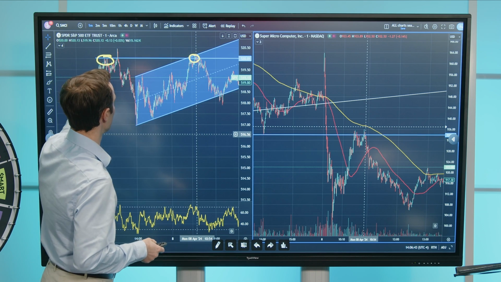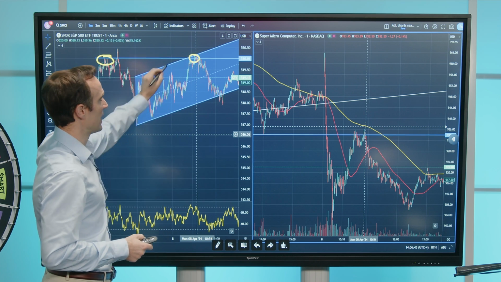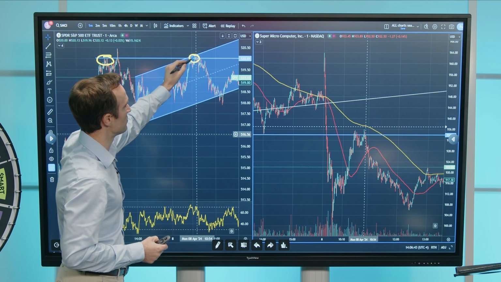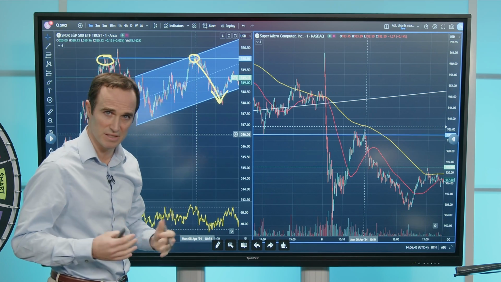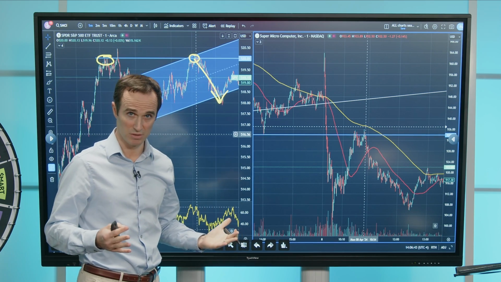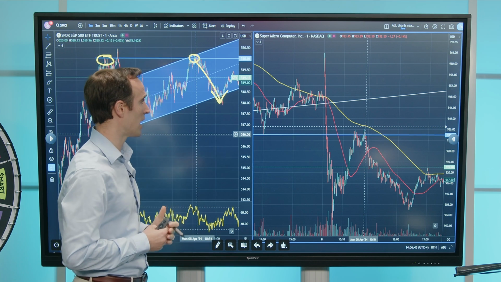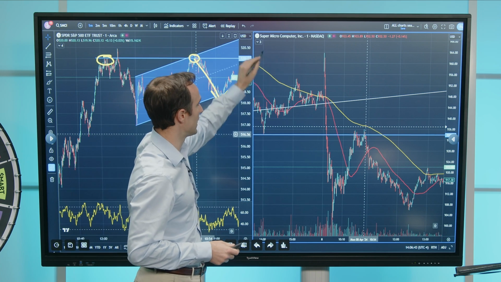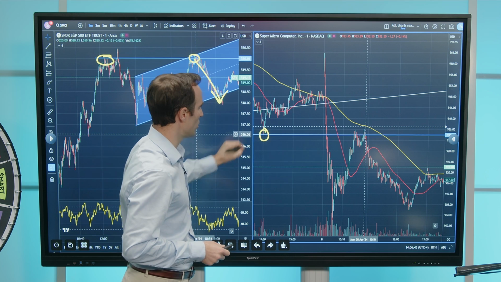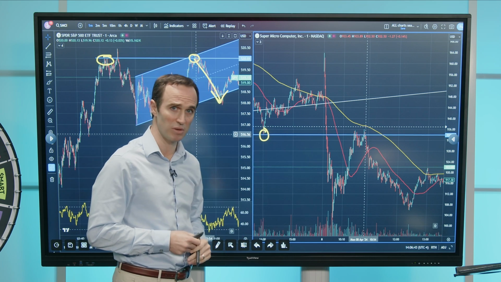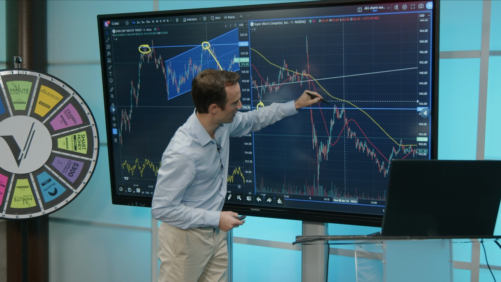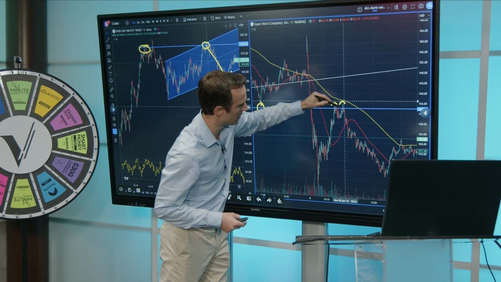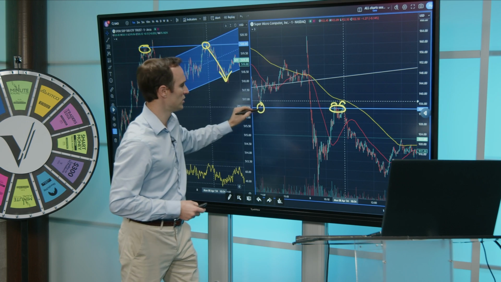You can see here that this was resistance on the S&P, and the S&P then started to fall. When the S&P is at resistance, I'm looking for shorts. I'm looking to short stocks, and you can see over here that SMCI was also at resistance. This pivot low here became resistance here, and you have a little micro double top here, but also this was the resistance.